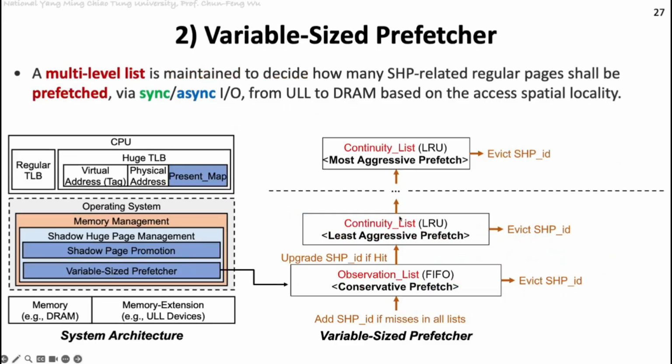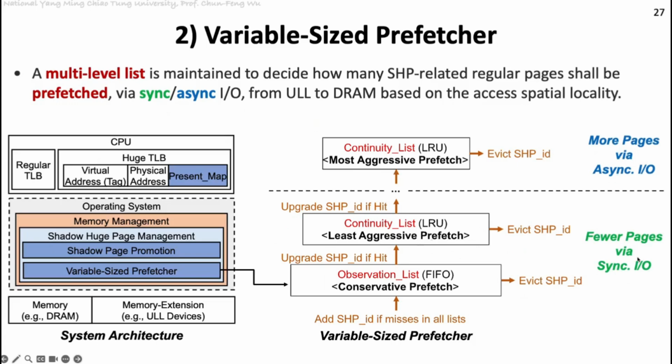So if the shadow huge patch is in the first level, then we will not do any prefetching, because it means this is still a cold kind of shadow huge patch. But when this shadow huge patch is accessed more than 2 or even 3 times, we will do the prefetching more aggressively. So if we access the shadow huge patch several times, then we will promote more patches via asynchronous I/O. But if the shadow huge patch is only accessed 1 or 2 times, then maybe this is just about luck.